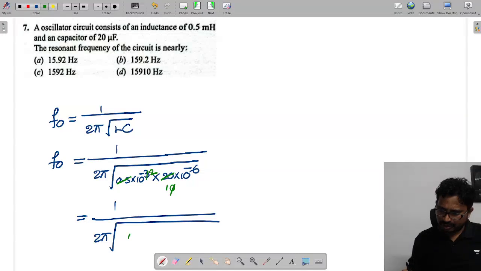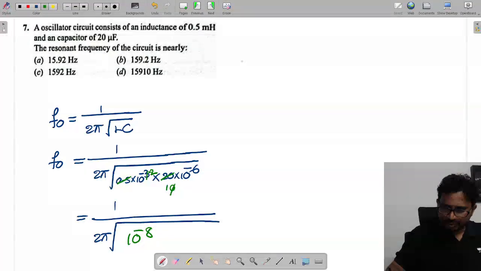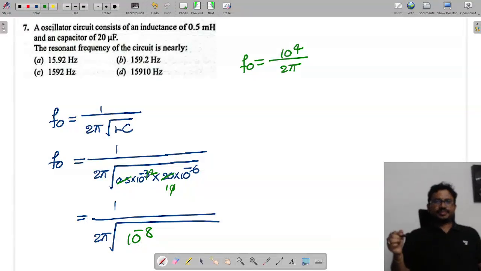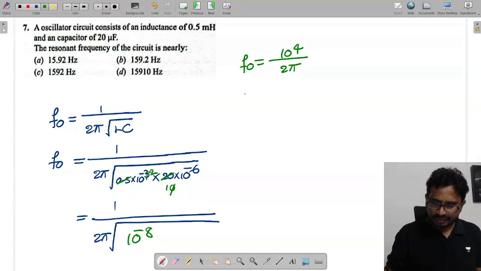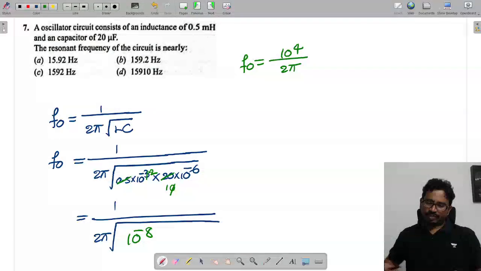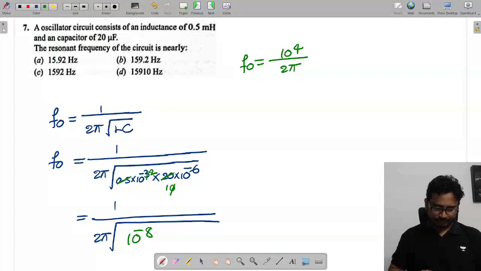So this means 10 power minus 8, which goes to the numerator. Finally F0 comes as 10 power 4 by 2 pi.